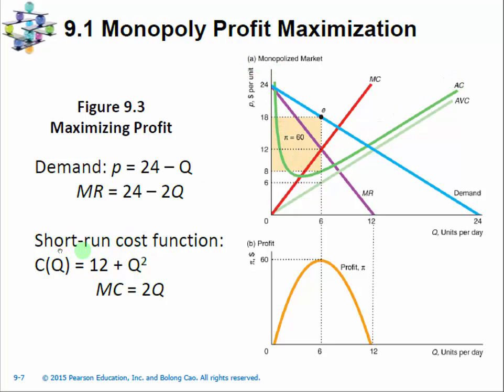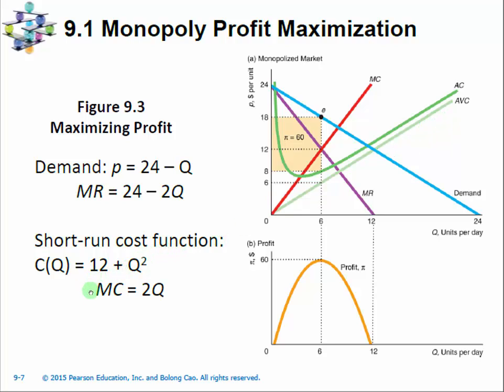You use this cost function divided by Q, and the average variable cost curve. The variable cost depends only on Q, so it's the Q squared. The Q squared divided by Q, which gives us the average variable cost, is just Q. So that's why it starts from 0 and is a gradient with a slope of 1.